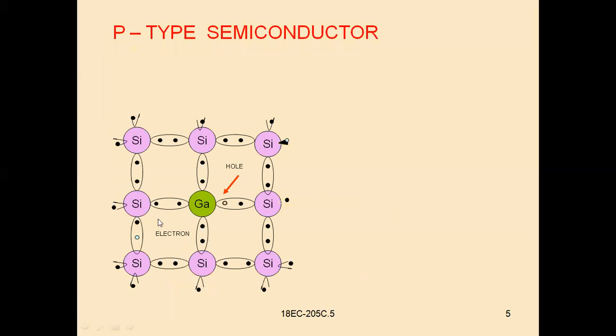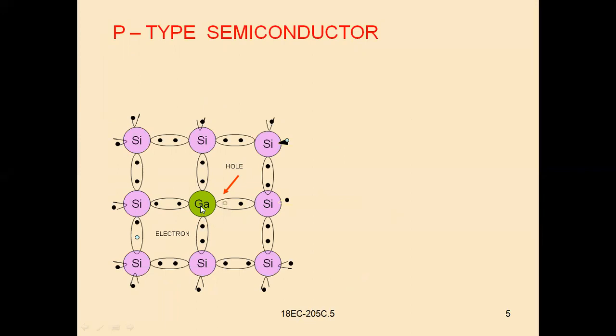So this is the structure of the P-type semiconductor, where you are going to observe a hole, because the outermost orbit of gallium consists of only 3 electrons. It requires one more electron to form the covalent bond with the silicon. So it is going to accept one electron from the silicon and creates the hole.